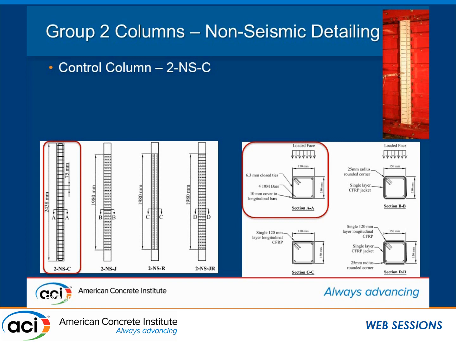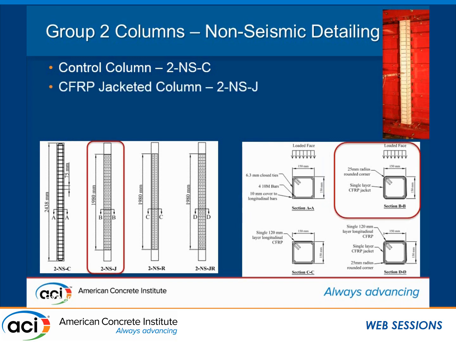We have a column with four 10M bars, each 100 millimeters squared in cross-section area, one on each corner, and a 1/4 inch tie, a hoop that is embedded into the core of the concrete to represent a seismic type of detailing. These are spaced over the entire height of the structure, so this would represent, say, a first-story column, and they're spaced at every h/2, or 75 millimeters for a 150 millimeter cross-section width.